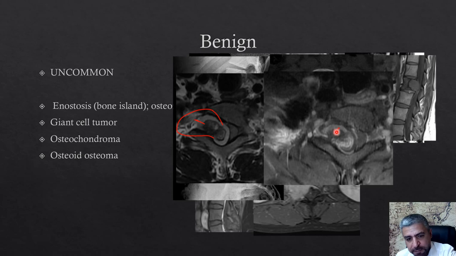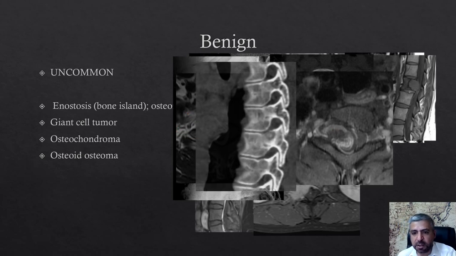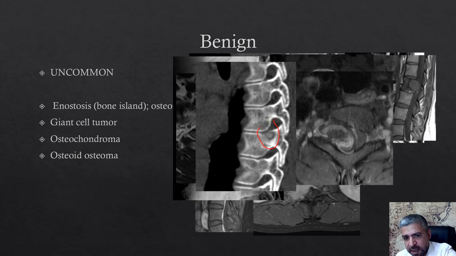The other lesion that we have is the osteoid osteoma, and the osteoid osteoma, just like you see in the long bones, it's painful and it's relieved by aspirin, and it's usually in teenagers, and you can see there is a lytic area here with a tiny dot here that is the nidus of the osteoid osteoma.